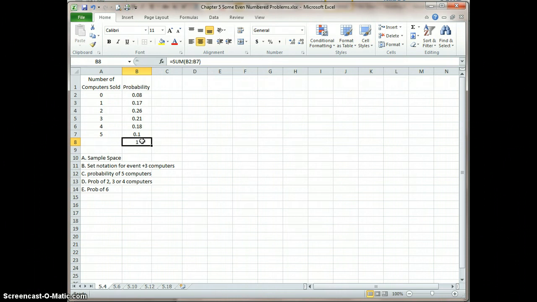So the first part, part A: define the experiment as observing the number of computers sold tomorrow, determine the sample space.